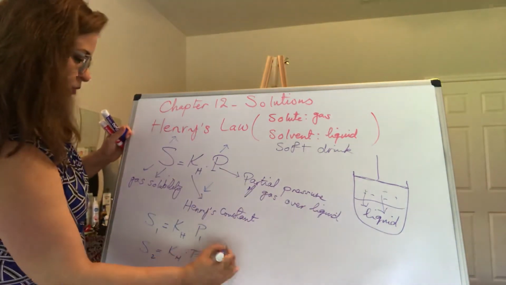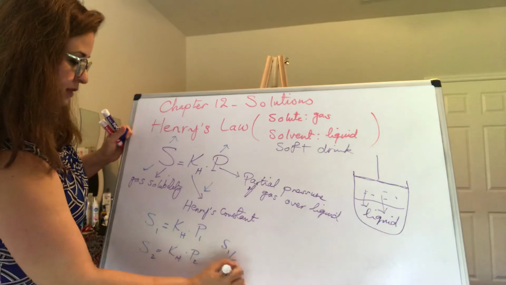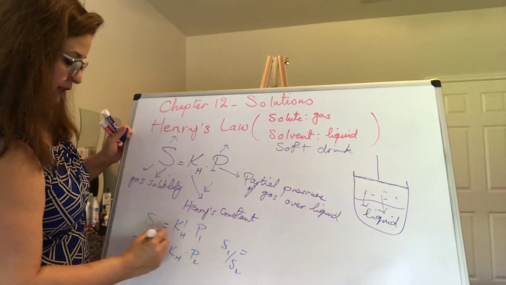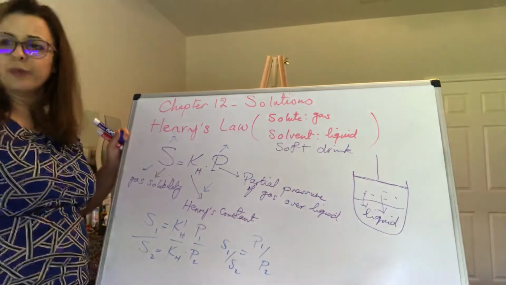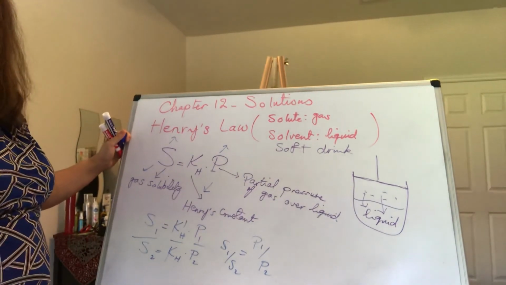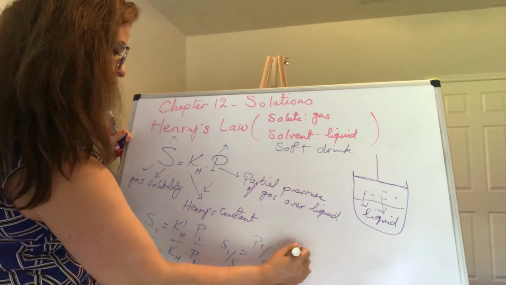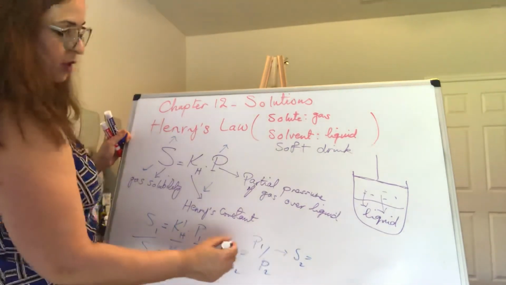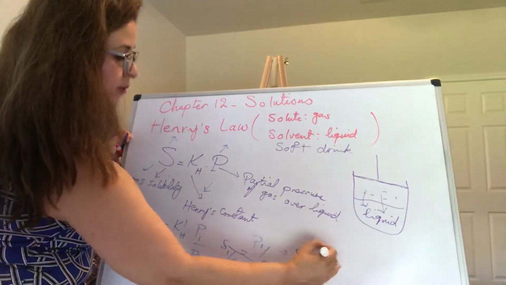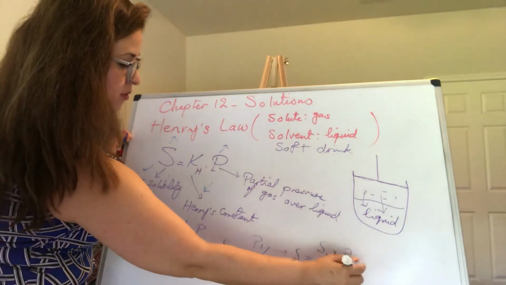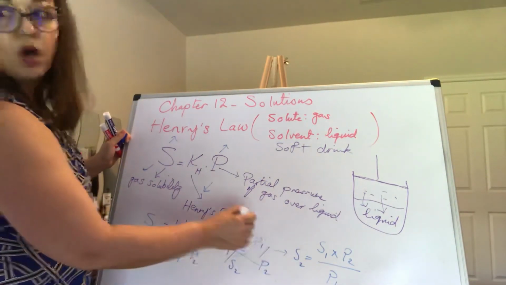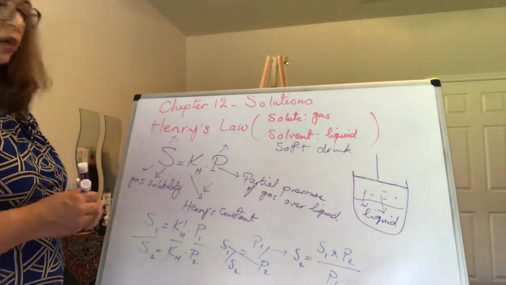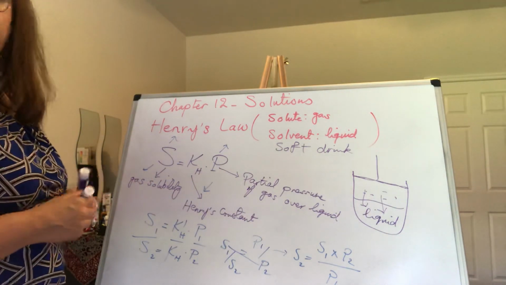So S1 over S2, you cancel KH, is P1 over P2. And then you are solving for S2. So cross multiplication gives S2 equals S1 times P2 divided by P1, known side over unknown. And then you plug the values into the equation.